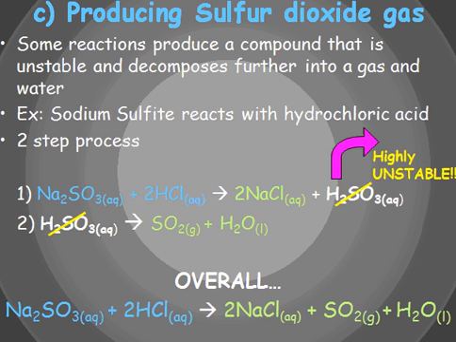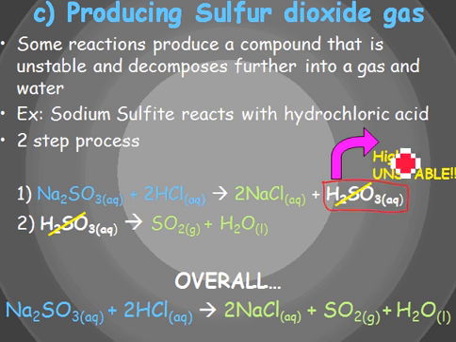Some reactions actually produce compounds that are unstable, and we did talk about this in the last unit. So if you don't remember, this is a quick review. With this reaction, you will have the sodium chloride being formed, and you will have H2SO3. What happens is that it basically breaks down, and you get SO2 gas plus water.